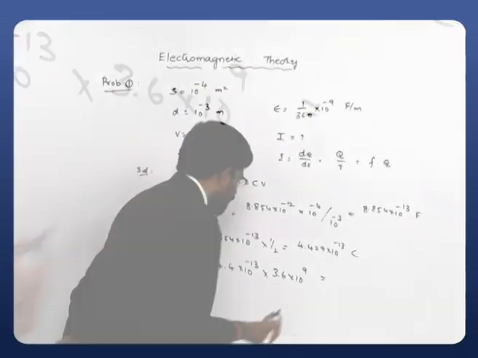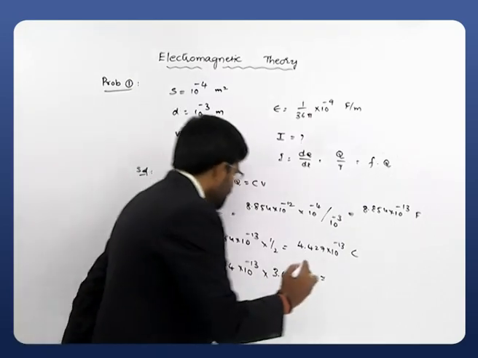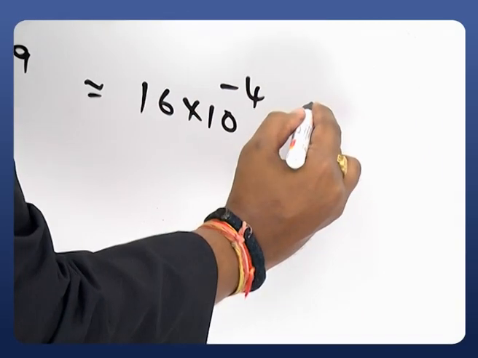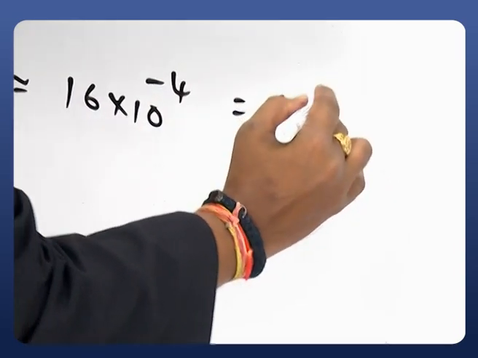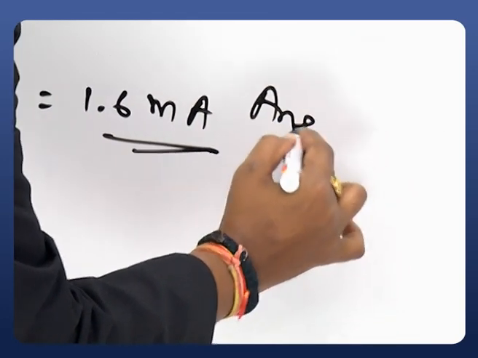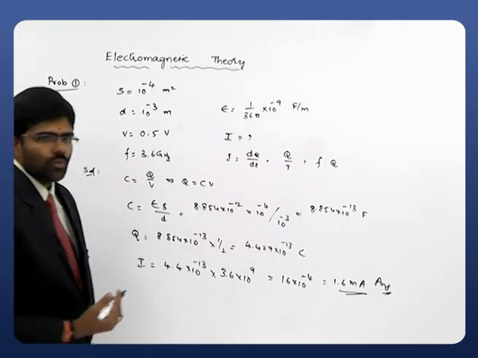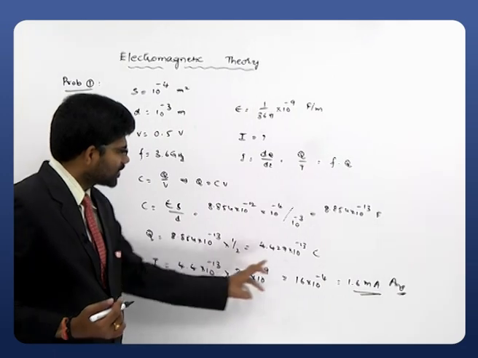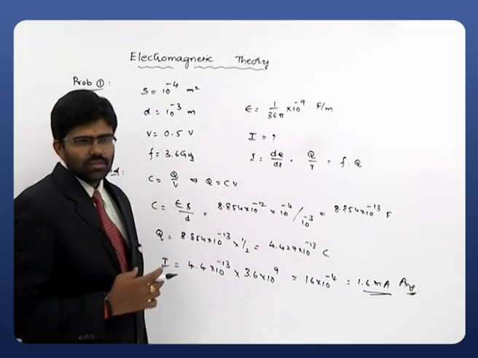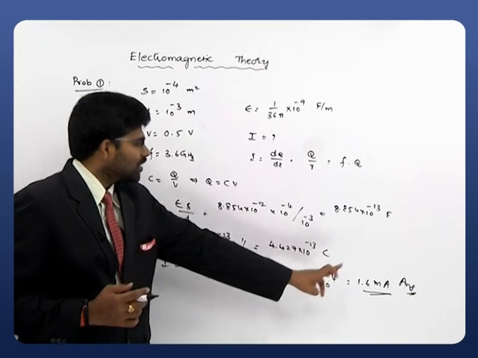So the approximated answer is approximately 16 into 10 power minus 4, which is approximately 1.6 milliamperes. This is our answer. If you have a calculator, go for the exact one, and if you have no calculator, take the approximated multiplication of these two, that is 1.6 milliamps.